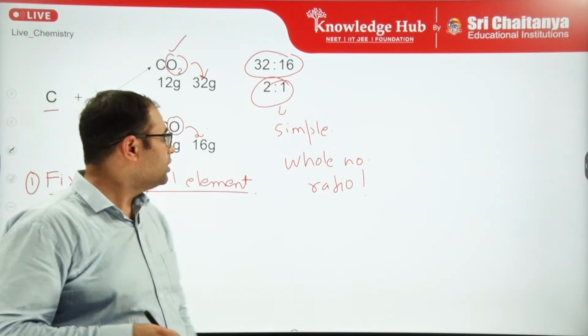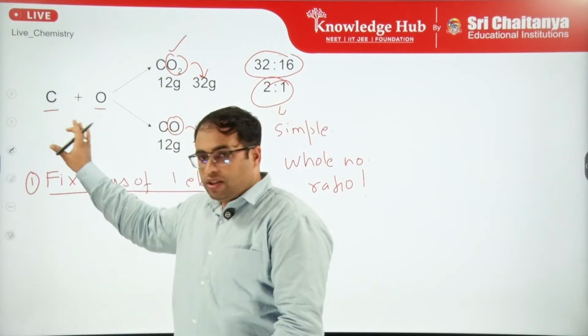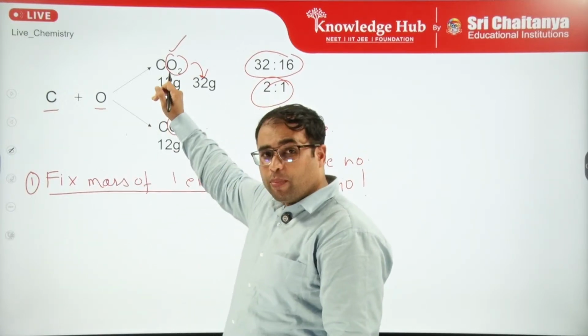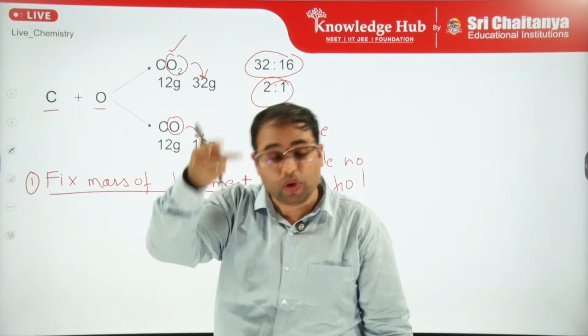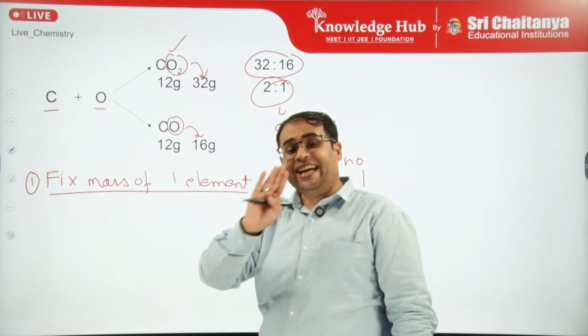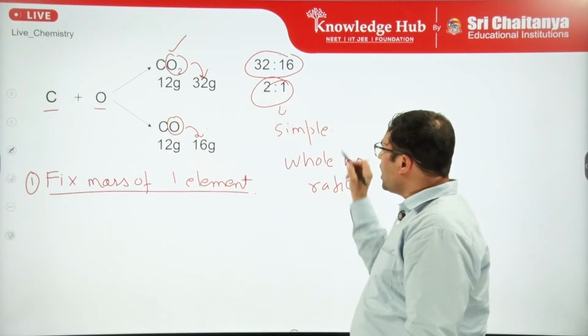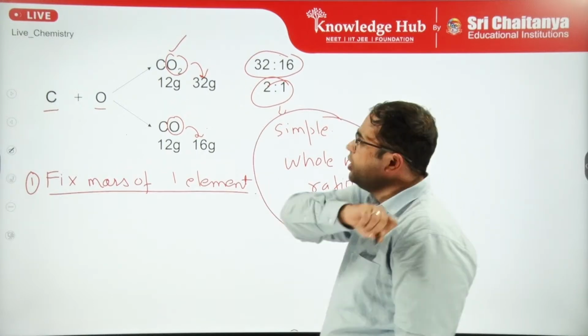Multiple proportions, right? I am not talking about these two elements in one compound. I am talking about these two elements in two different compounds, fixing the mass of one element and then taking the ratio of masses of the other element. And that comes out to be a simple whole number ratio.